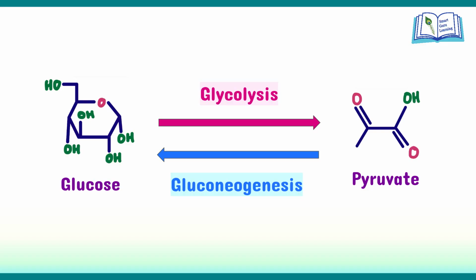Glycolysis converts glucose into pyruvate, producing energy in the form of ATP and NADH. In contrast, gluconeogenesis converts pyruvate and other substrates back into glucose, consuming energy in the form of ATP and GTP.